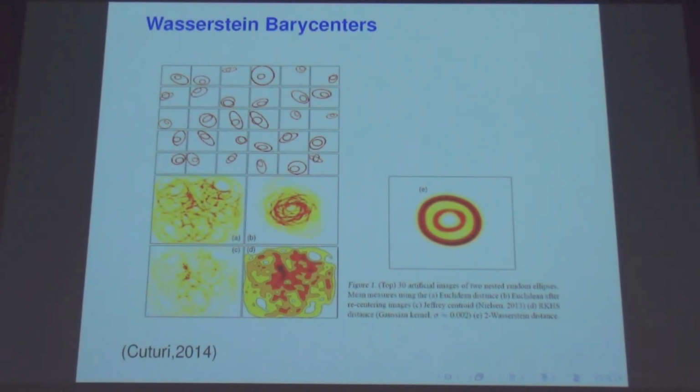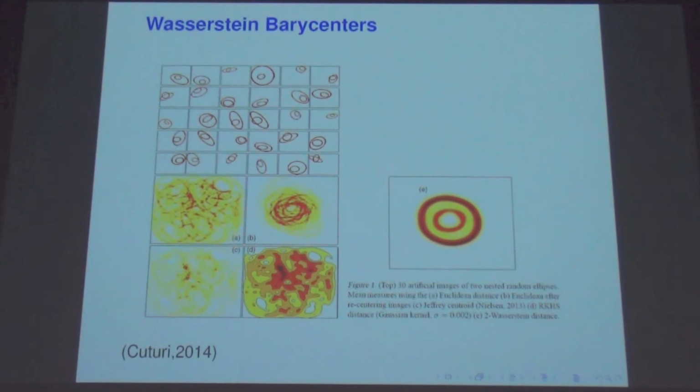The naive, obvious thing that you might do is, for example, compute the average of each of the pixels: pixel 1, pixel 2, pixel 3. But let's say here we have a number of images with two circles in different locations. If you do pixel-by-pixel averages, what you might obtain is figure A, which means nothing.